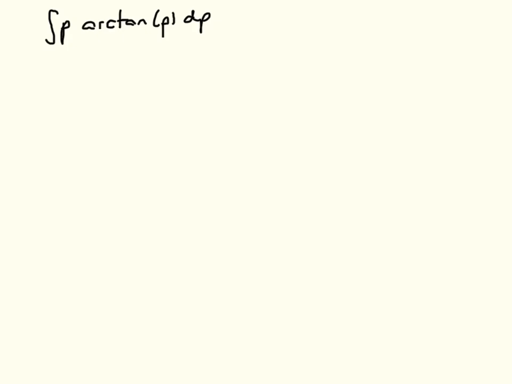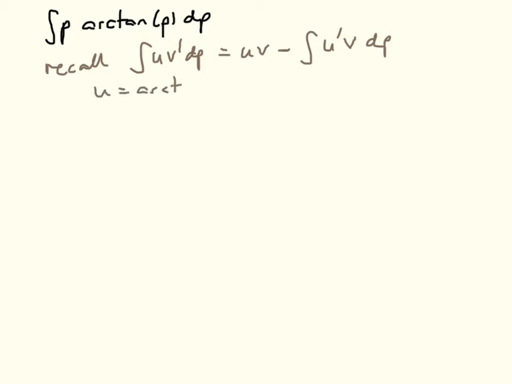So let's look now at integration by parts. Let's just recall that the integral of u v prime with respect to p is uv minus the integral. Now we differentiate the u instead, and we've integrated the v prime. So that's the integration by parts formula. We are going to say that u is the arctangent of p, because we know how to differentiate it.